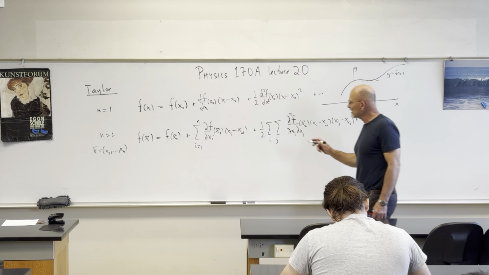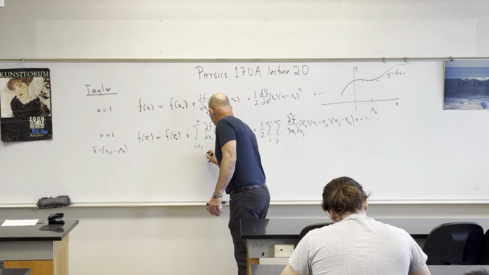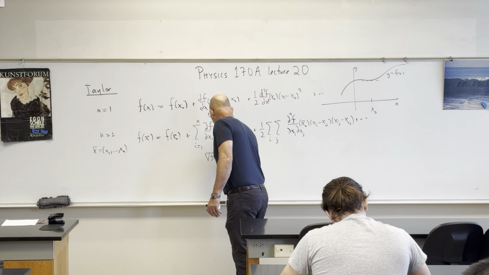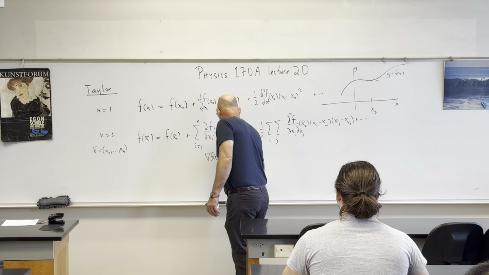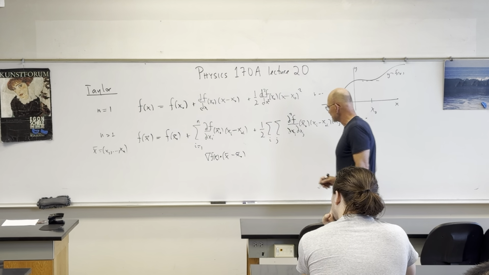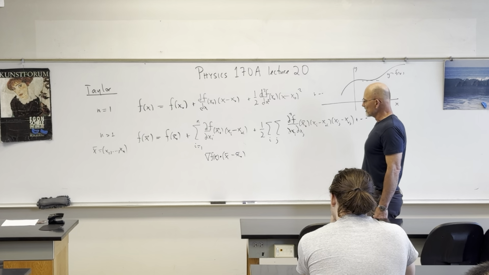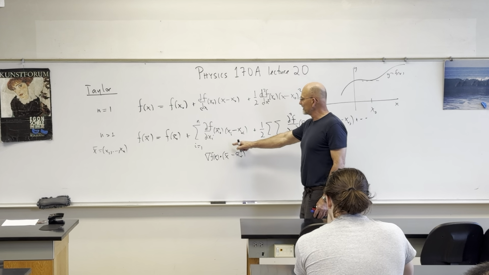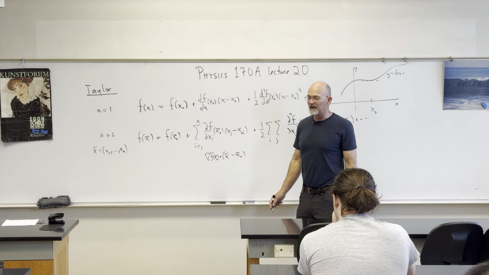And then we saw that this can be thought of as a gradient of f at x0 dot product with a vector x minus x0. Because it was just the first times the first, second times the second, and so forth, okay?